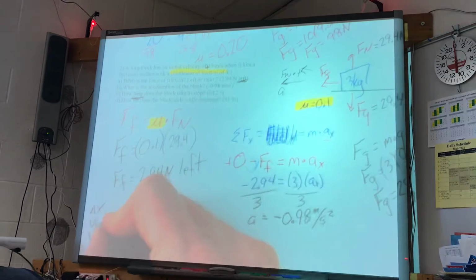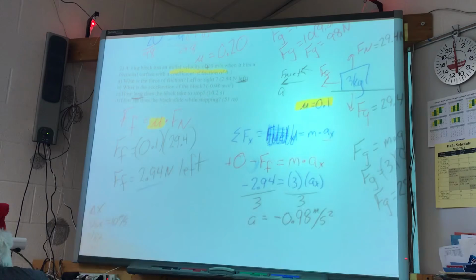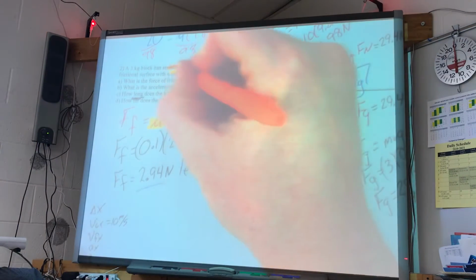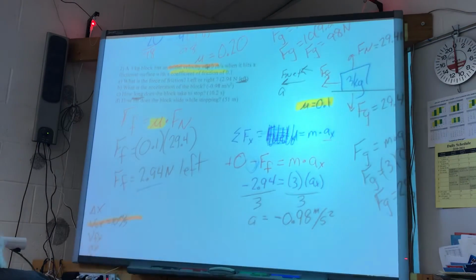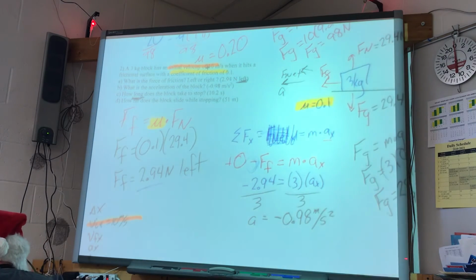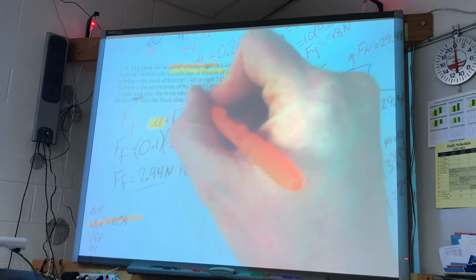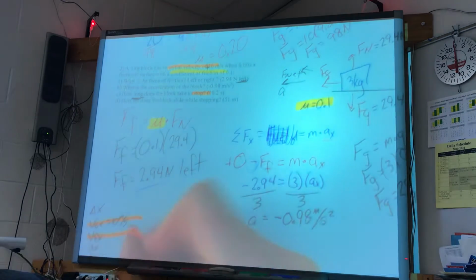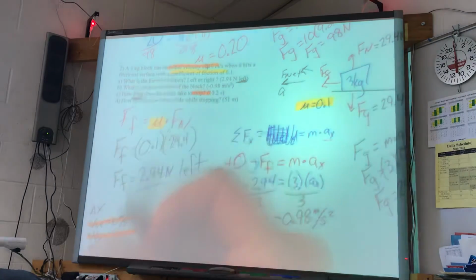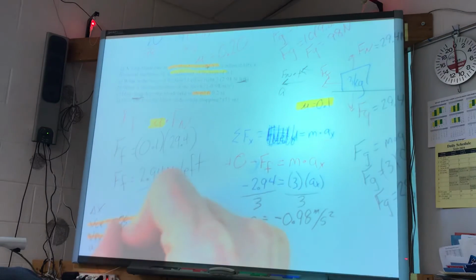We knew the initial velocity is 10 meters per second, because it says that right here. Because it says how long does it take to come to a stop, we then can say my final velocity is 0.